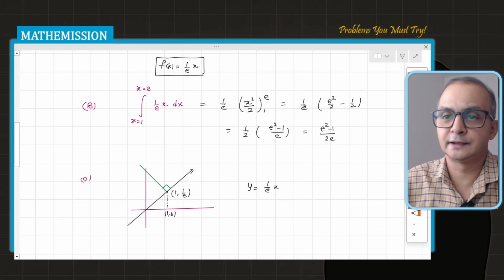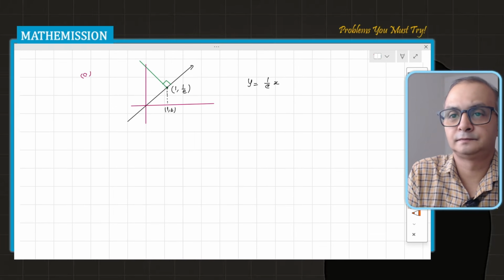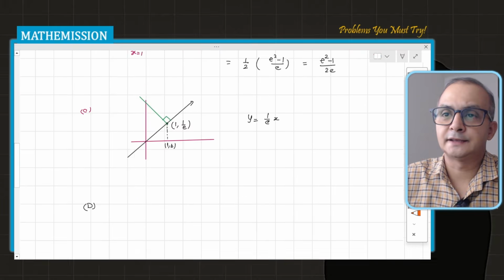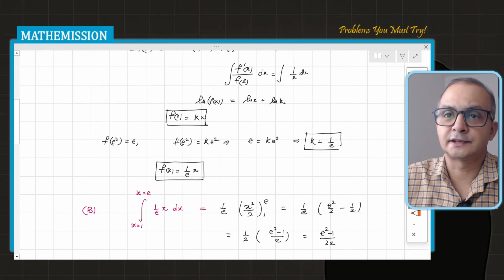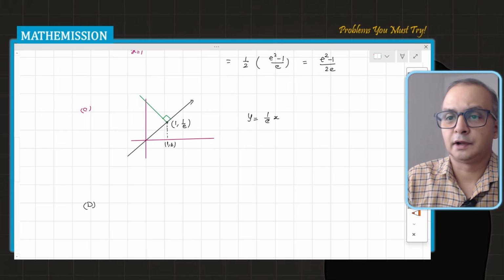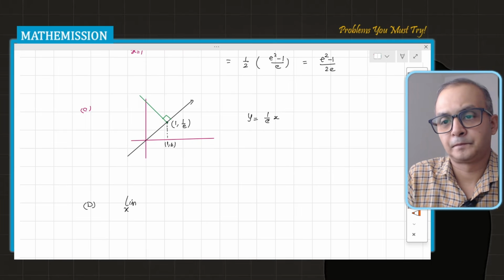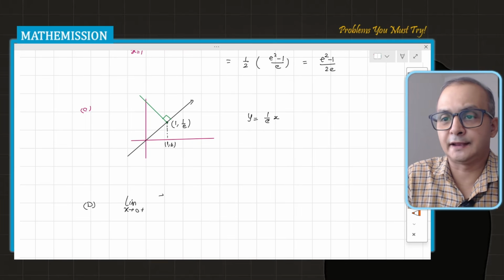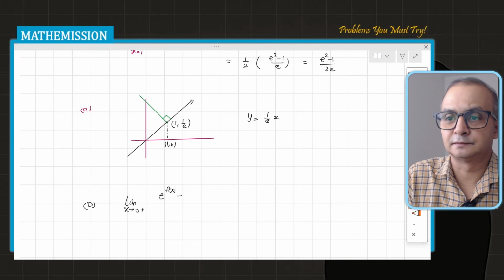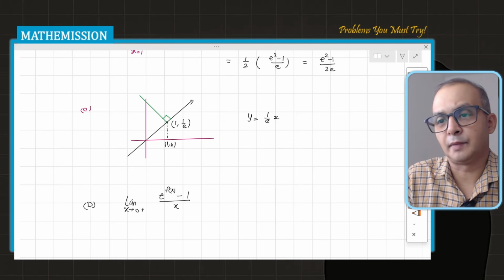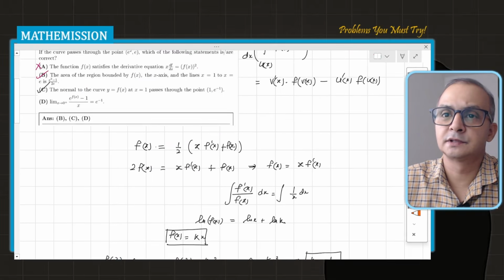Now part D is there: the limit as x tends to 0⁺ of (e^f(x) − 1)/x.